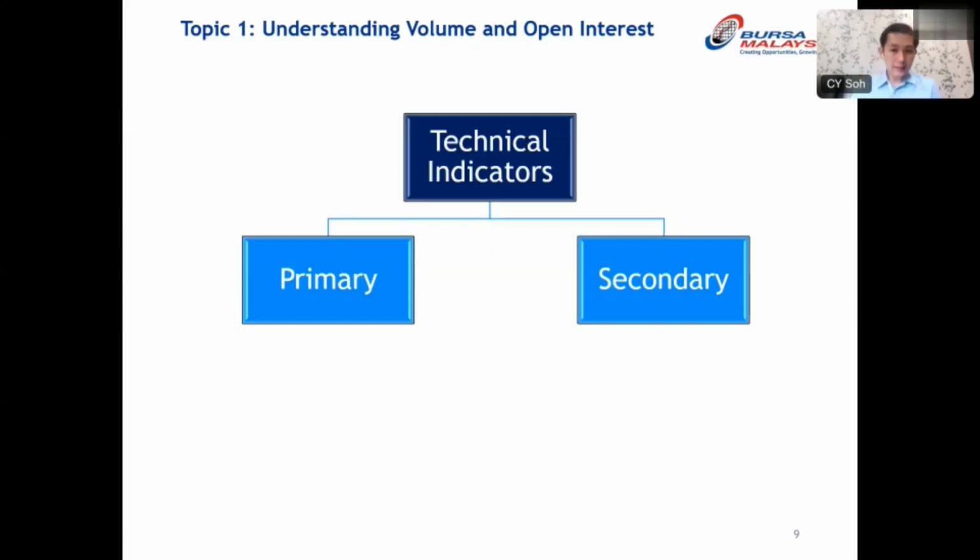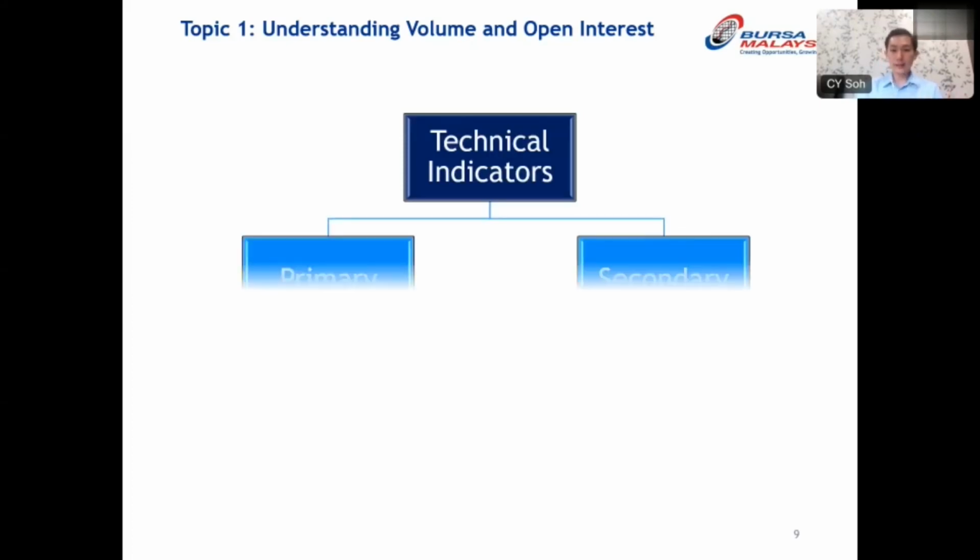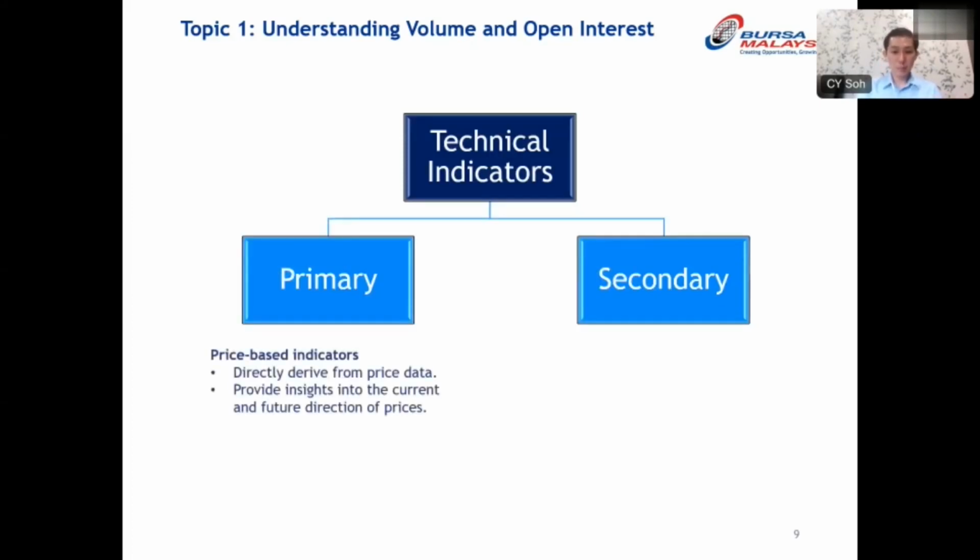In technical analysis, in trading, there are important things that we look into first, and there are also things that are not so important that we look at at a later stage. So in technical indicators, there are primary indicators and secondary indicators used to analyze market data and make trading decisions. Primary indicators, also known as price-based indicators, are directly derived from your price data: your opening, high, low, and close price.